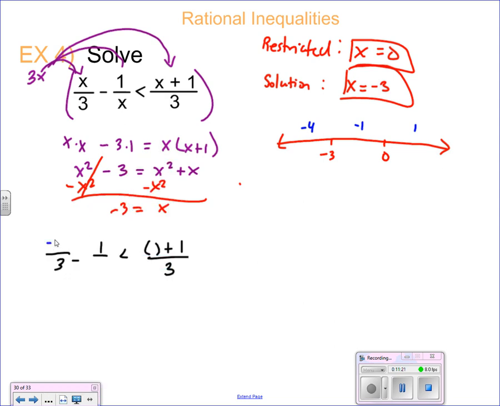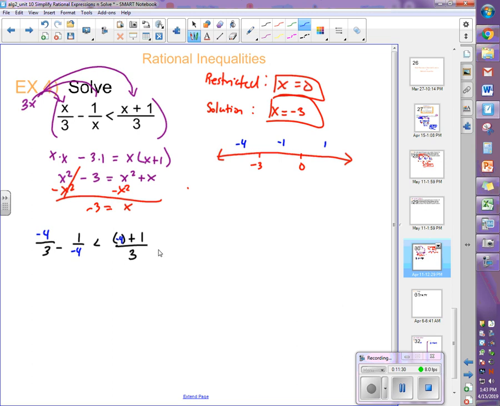So the first number I'm going to use is negative 4. Notice every x becomes negative 4. And then I have to do it again 2 more times, where every x becomes negative 1, and then every x will become positive 1.